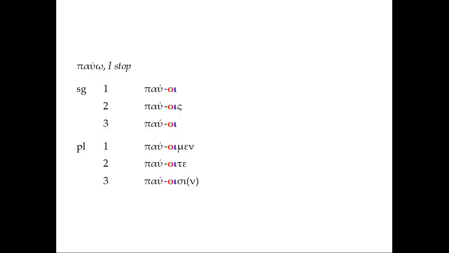To the first person singular, we're going to add mi: pauoimi is going to be the present optative, first person singular. And in the third person, we're going to change that oisin to oien, pauoien. But that's effectively all that we have to do.